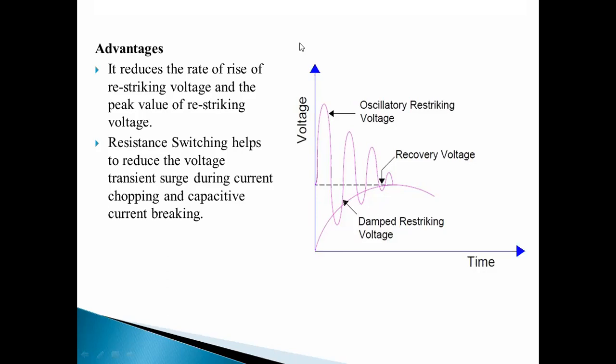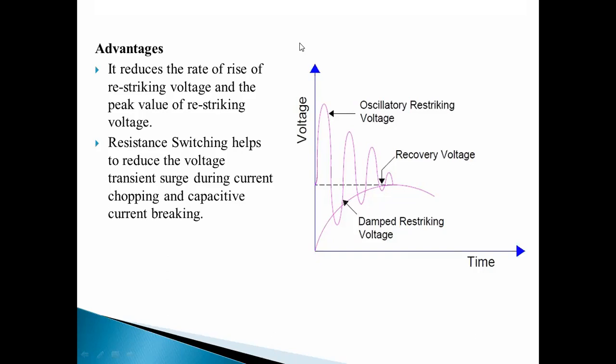Again there is restriking. So due to continuous restriking, now the voltage reaches the maximum level again, 2 Vm, 3 Vm, etc. So we have to reduce that rate of rise of the restriking voltage, which is reduced by the resistance switching method. The peak value of the restriking voltage, the maximum value, is also reduced. Rate is also reduced, and peak value is also reduced.